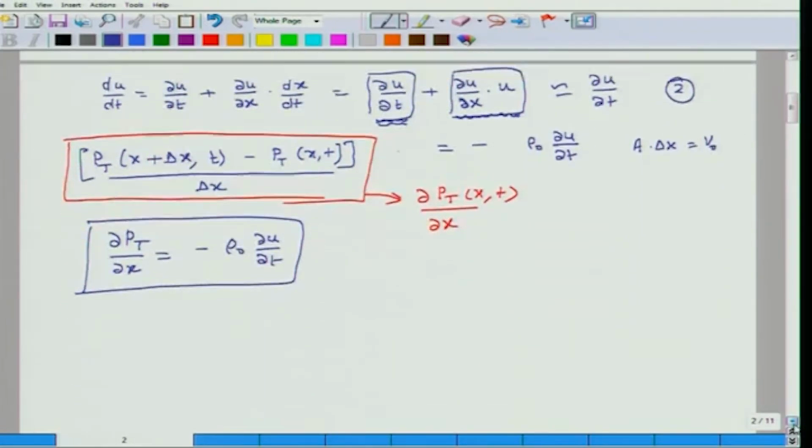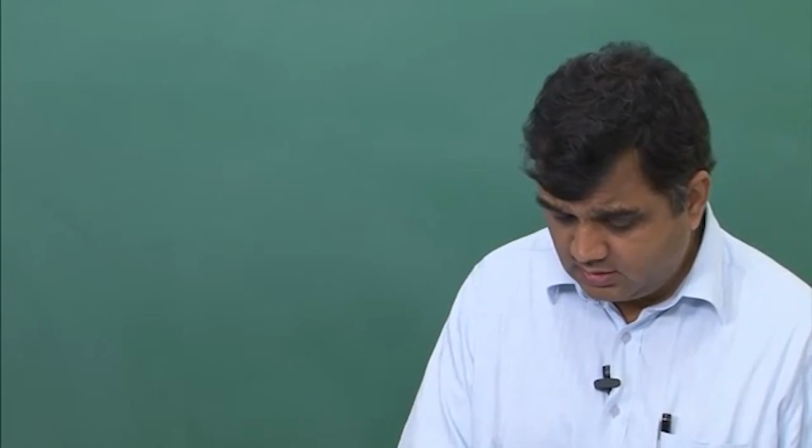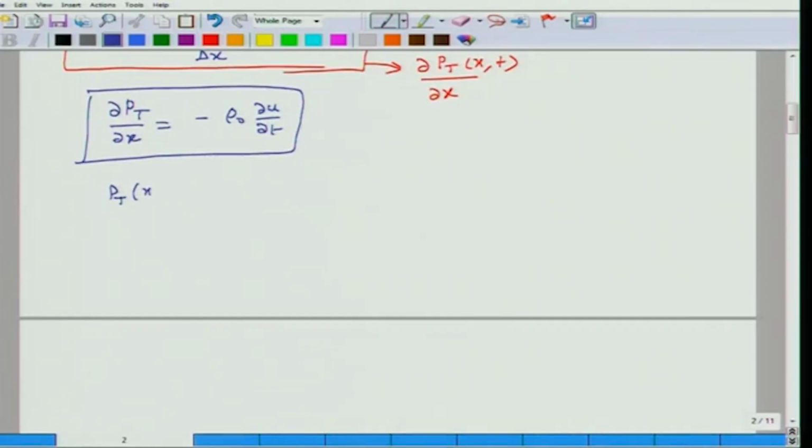Continuing further, now I had explained earlier that pressure, which is total pressure, which is a function of position and time, is nothing but ambient pressure when there was no sound plus some small pressure fluctuation.